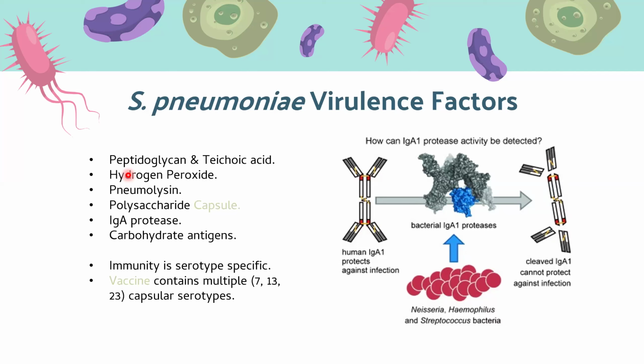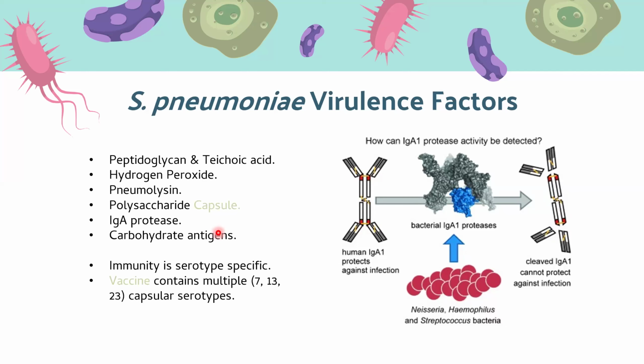Let it destroy itself. Next, we have hydrogen peroxide, which allows reactive oxygen species to cause damage. We also have pneumolysin, which binds cholesterol in the host cell membrane and lyses it. It facilitates spreading into the tissues after the destruction of the cell membrane. We also have a polysaccharide capsule, which is very, very important. It is the most important factor allowing the bacteria to enter the host cells. It's also antiphagocytic.